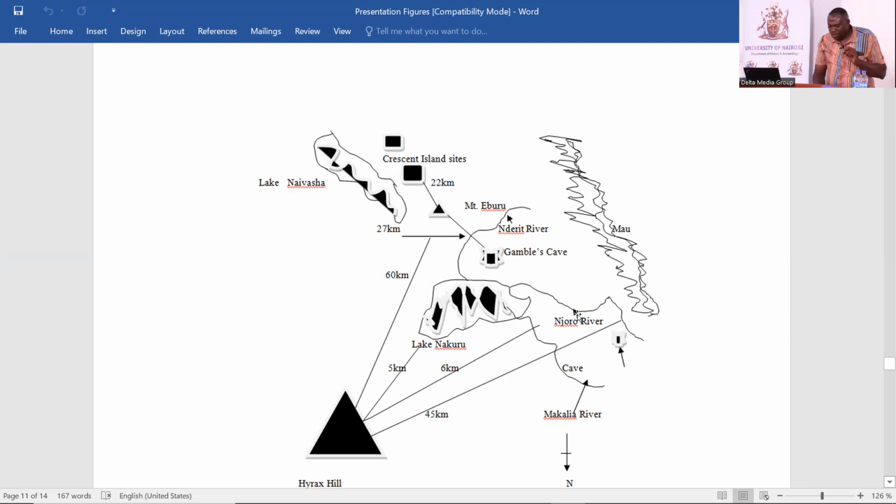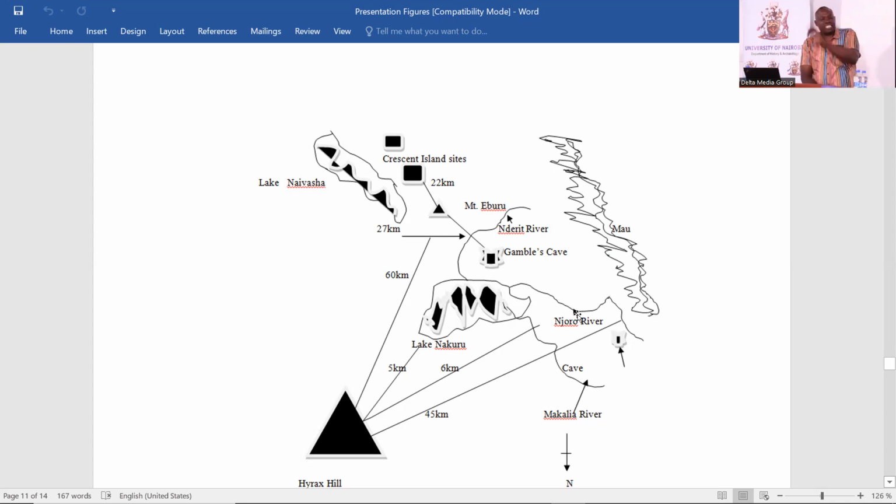And therefore, going deeper into this, and through studies in various sites, it was established that, for example, volcanic glass, which is obsidian, that was used in the Central Rift, was sourced all the way from Mount Eburu. I don't know whether Mount Eburu is captured here, but it should be somewhere.